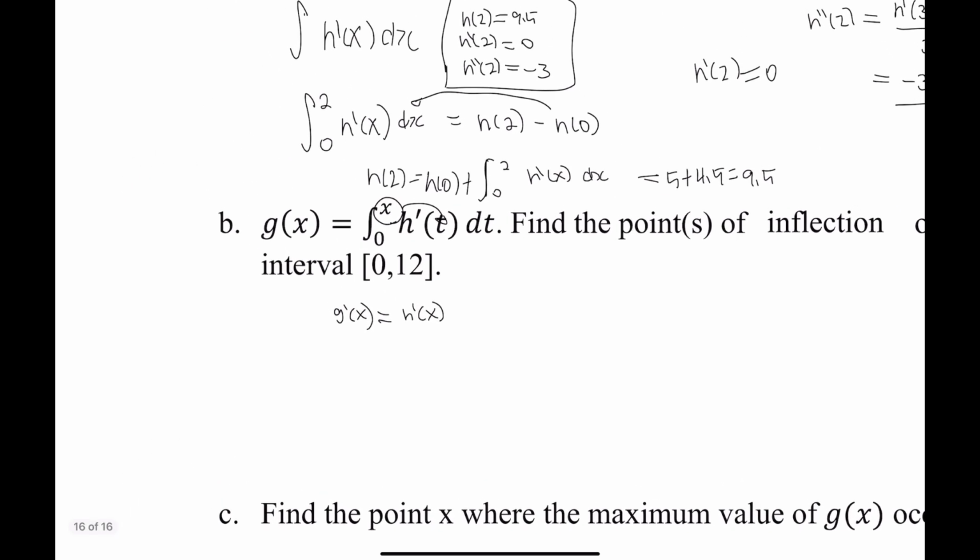Okay, so g prime x equals h prime x, and then g double prime of x equals h double prime of x as well. So we're trying to find the points where g double prime x changes signs, but this is also when h double prime of x changes signs, right?